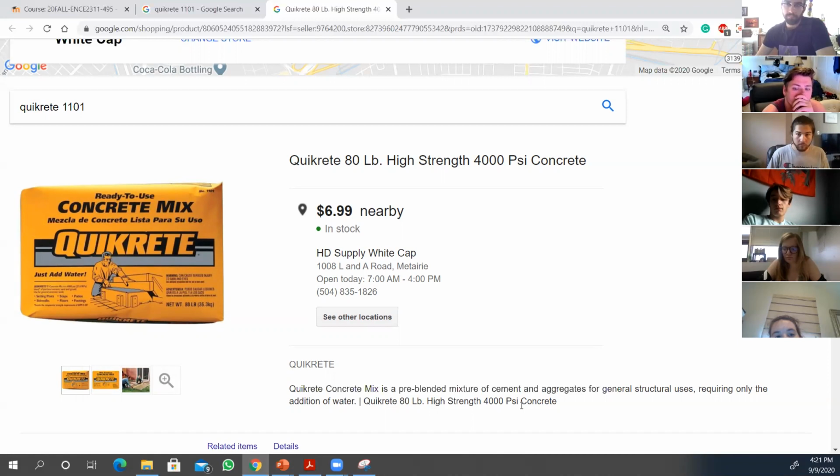So they are saying that this 80-pound high-strength concrete has 4,000 PSI strength, if you follow their directions, and I'm gonna pull up the directions. I don't want to stop going on this PowerPoint, but you will see in the other slides. If you change the cement-water ratio, if you add more water, what's going to happen? The strength will reduce, right?